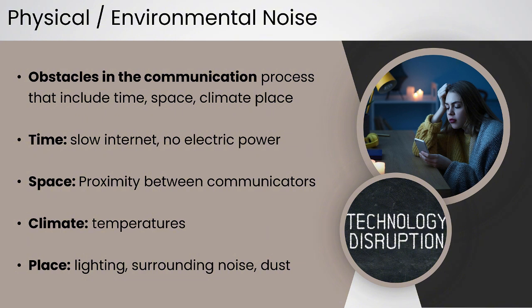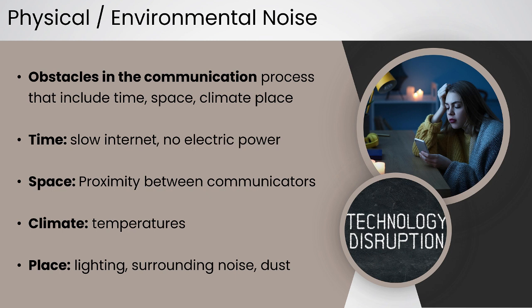And also place, in terms of lighting. If there's no adequate light, people can't see properly. They will not be able to see the nonverbal behavior or the messages. There is also the issue of surrounding noise in the place that you're in.